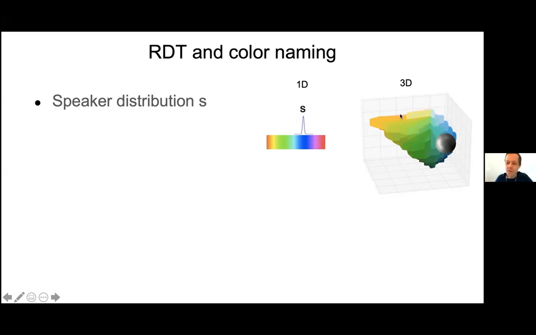So you'll notice, for example, that there's this lump in the yellow region. As a consequence, you'll see in a little while, the rate distortion theory model of color naming I'm going to show you is inclined to introduce a yellow category relatively early on to carve this lumpy yellow part at its joints.